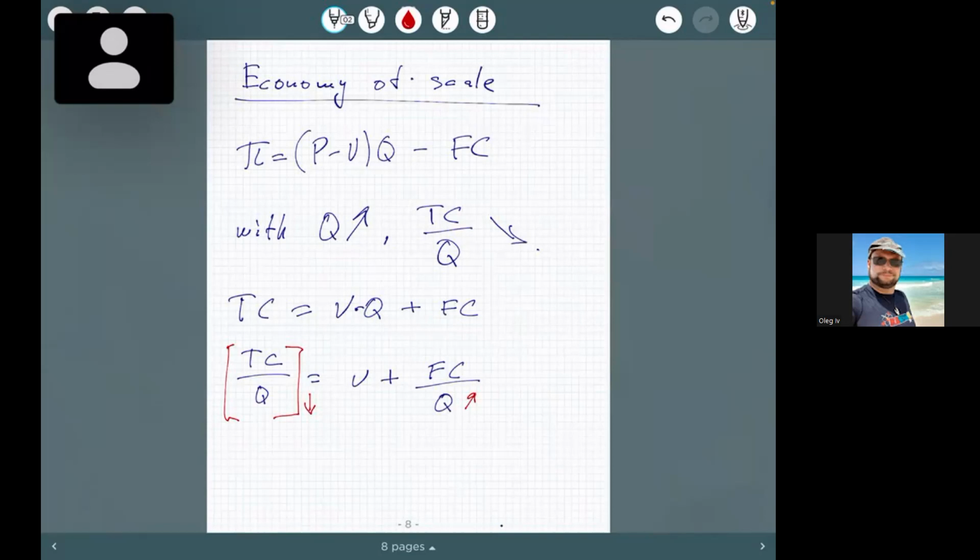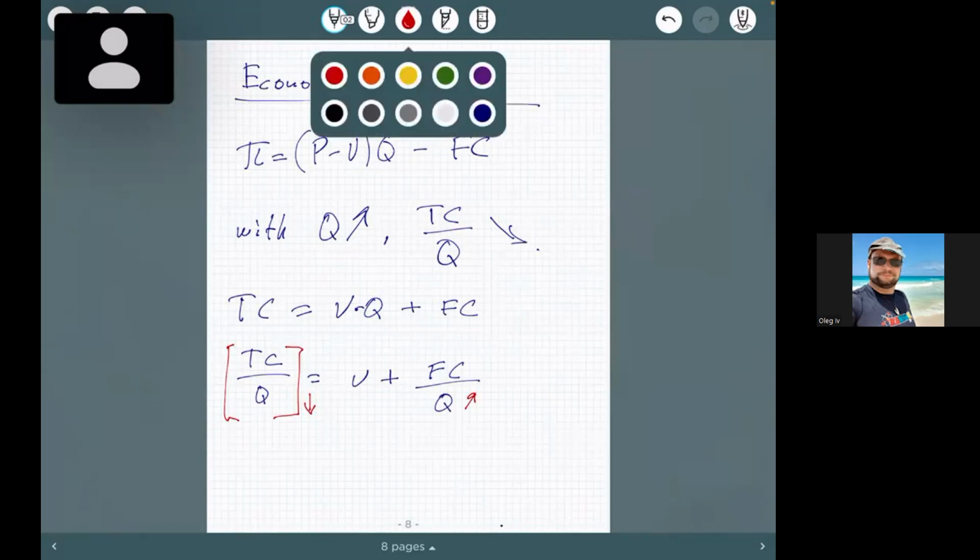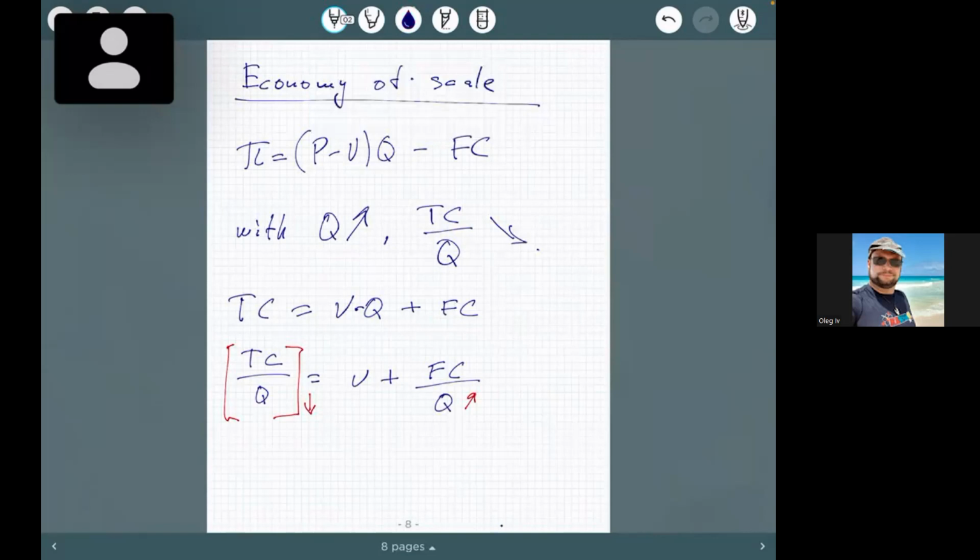You will have your units produced cheaper. Total cost will go down per unit. And that allows you to outcompete other companies. So that explains why competition is not very natural, because big companies can produce things cheaper than small companies.